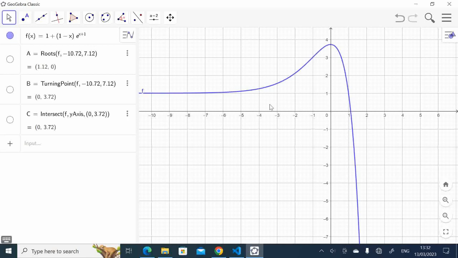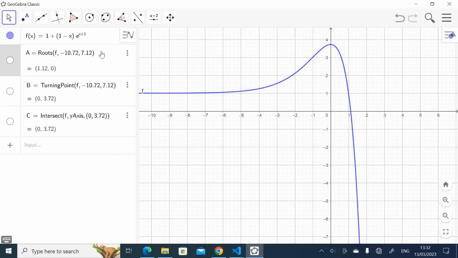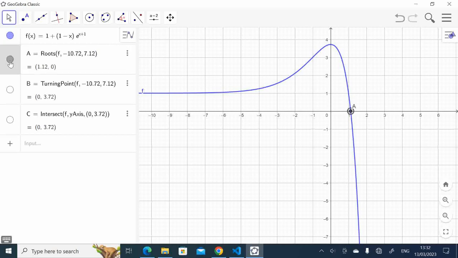So this is the graph. Let us check the special points. So these are the special points.